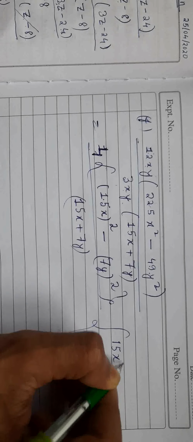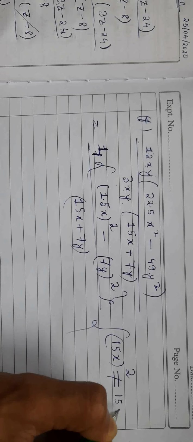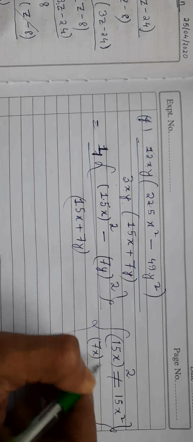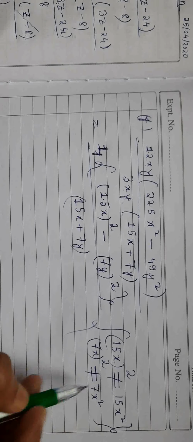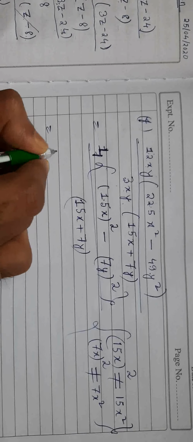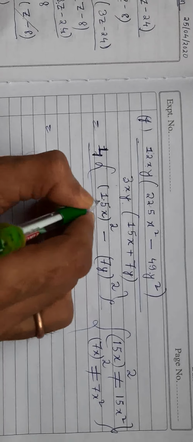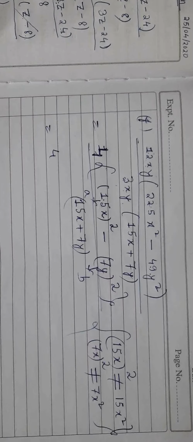Now as said earlier, 15x whole square is not equal to 15x square. Similarly, 7x whole square is not equal to 7x square. So please remember this. Now this became the form a square minus b square, where a will be 15x and b will be 7y.